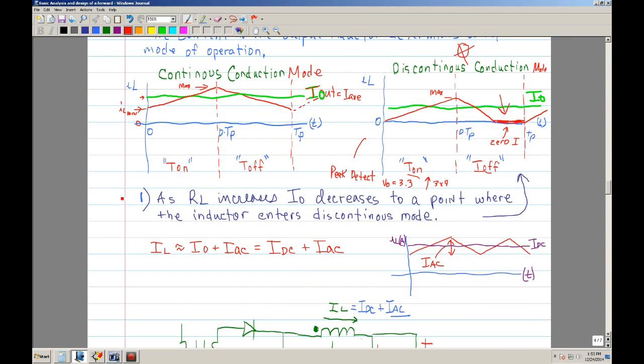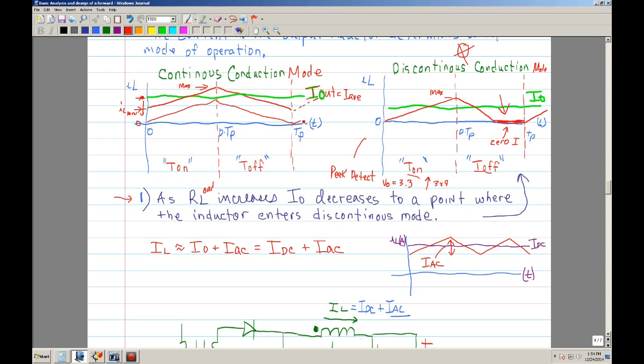And here's another note that I made, that as RL, in other words, the load, as the load increases, Iout decreases. In other words, this average starts getting lower, and there's a particular point where you're just above 0 right there.